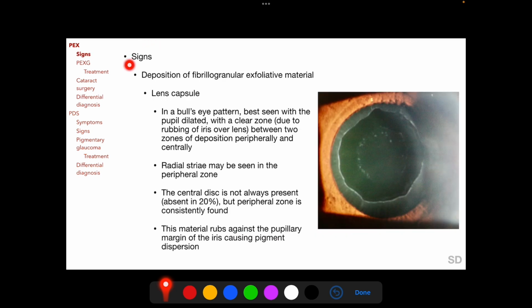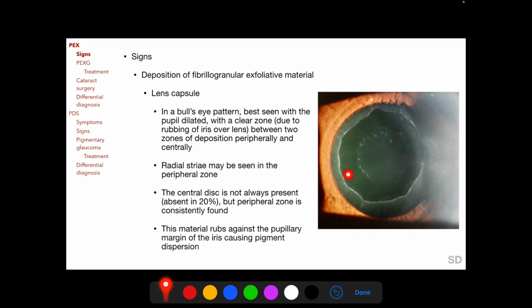Among the clinical signs of pseudoexfoliation syndrome, detecting deposition of fibrillogranular exfoliative material in various portions of the anterior segment of the eye is the most important, and the location where it can be most easily detected is the lens capsule, where the deposition takes a bull's eye configuration, best seen with the pupil dilated as shown here in this photograph, with a clear zone between two zones of deposition, a central disc and a peripheral zone of deposition.